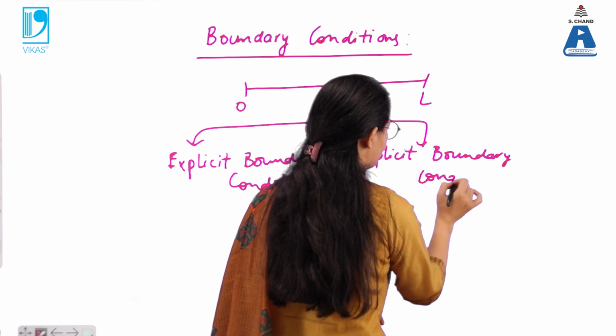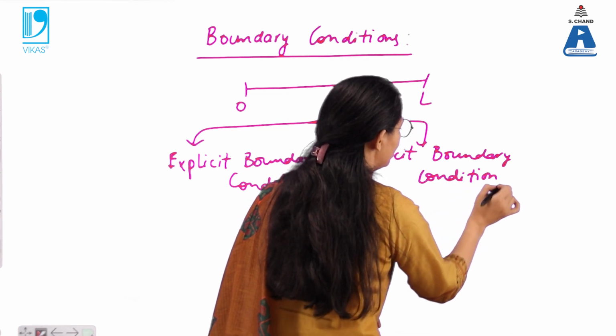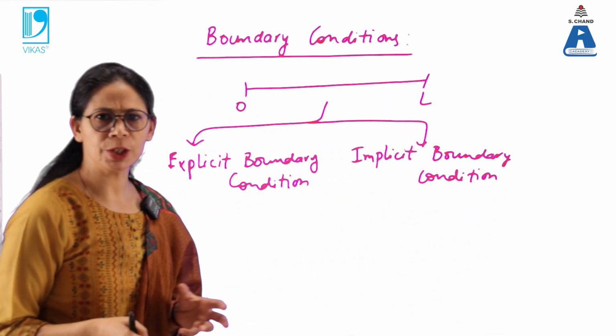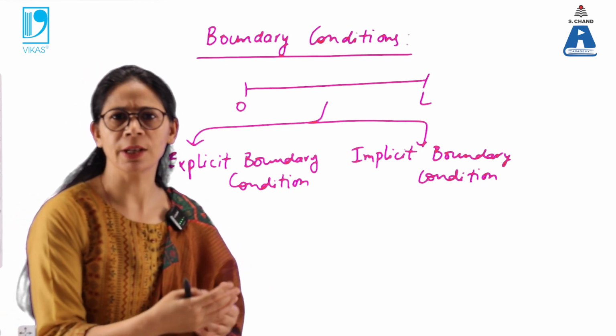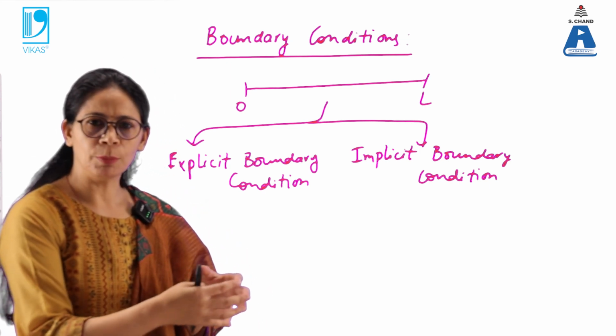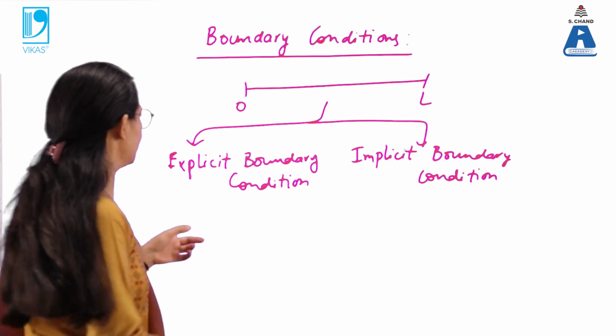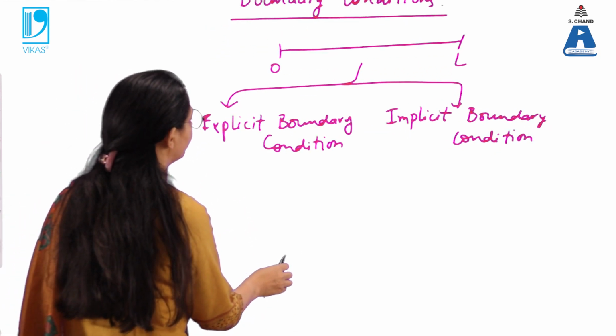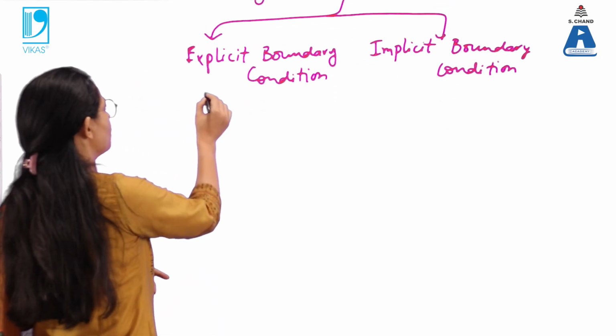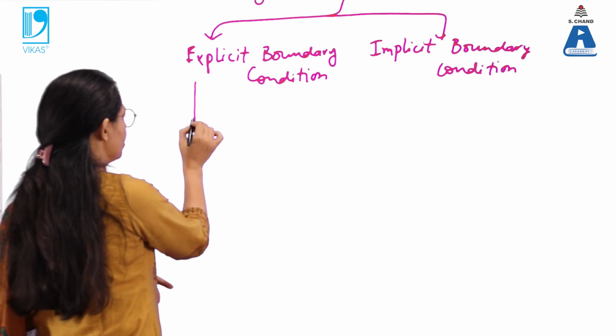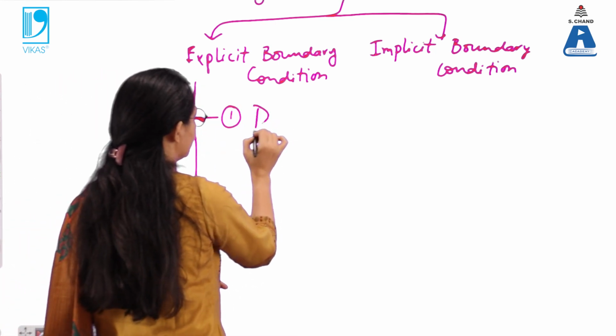When we have implicit boundary conditions, we need to solve them and finally put them in the explicit form. So the explicit form is more important for this. There are three forms of explicit boundary conditions. The first form is called the Dirichlet condition.